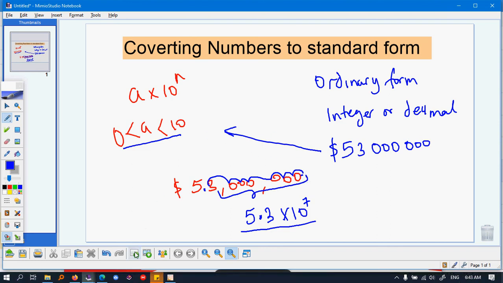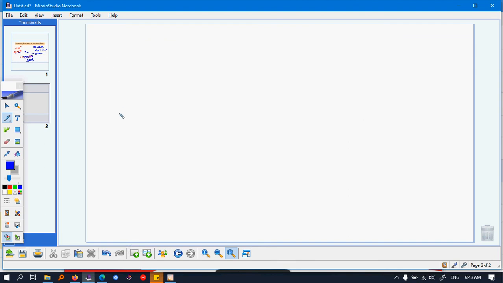Let me use another example. Imagine we had our number, which is 762,000. Converting it to standard form, I would put my decimal point between 7 and 6. So I have 7.62. Then I count how many places there are between this 0 and 7.62.